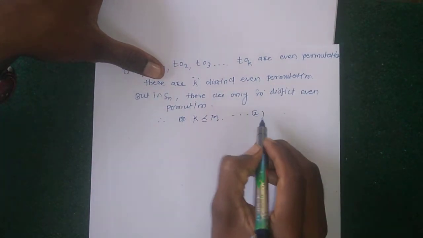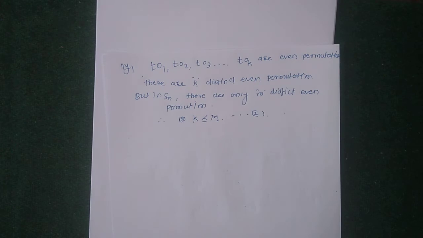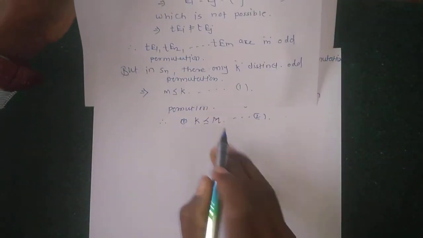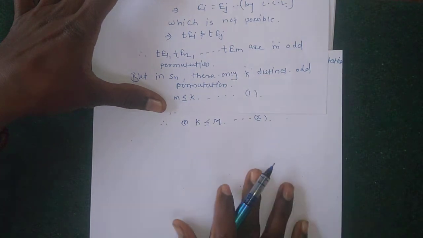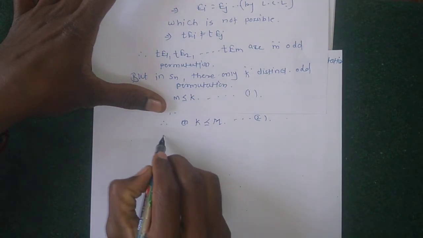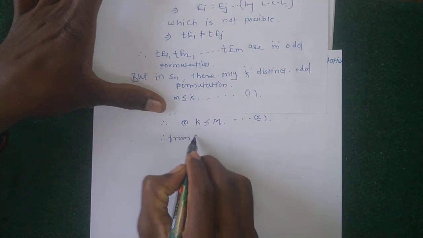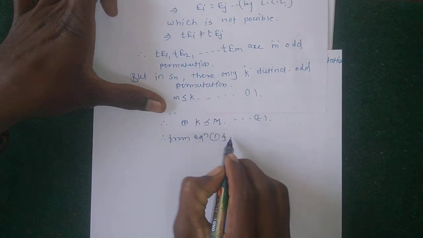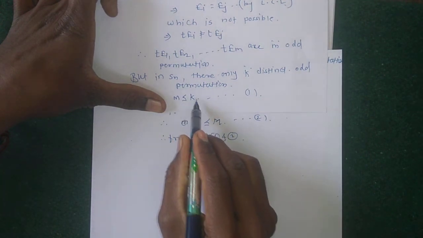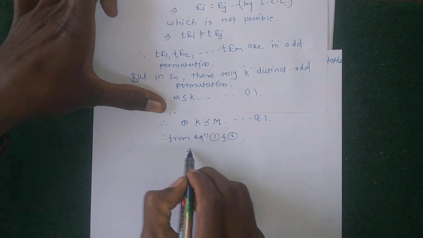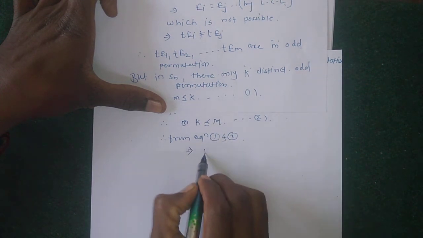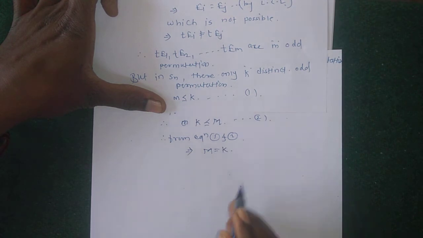This is equation number 2. Therefore from equation 1 and 2, m is less than or equal to k and k is less than or equal to m, which means that k and m must be equal.